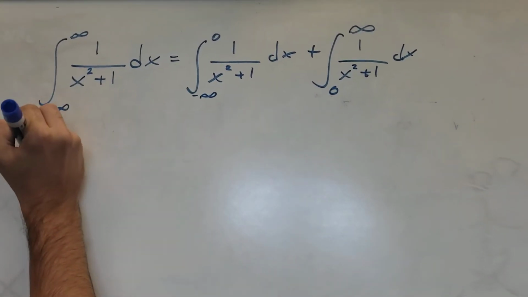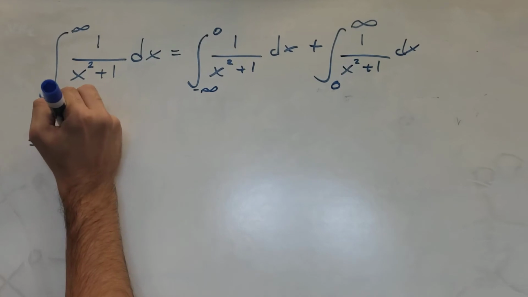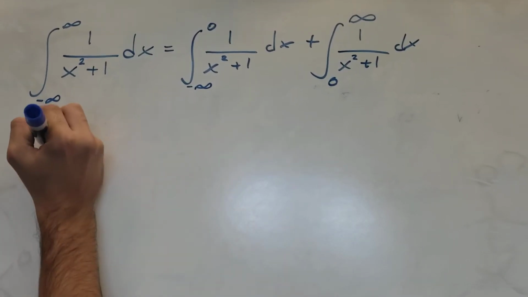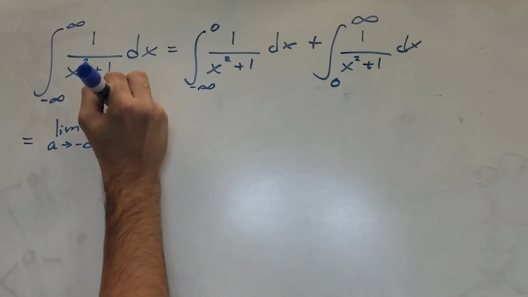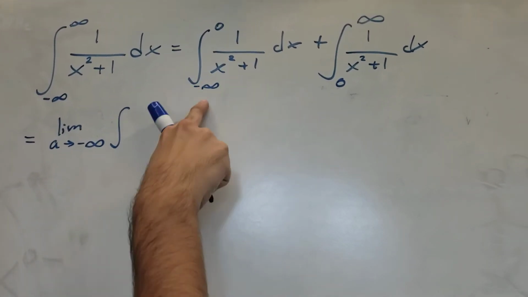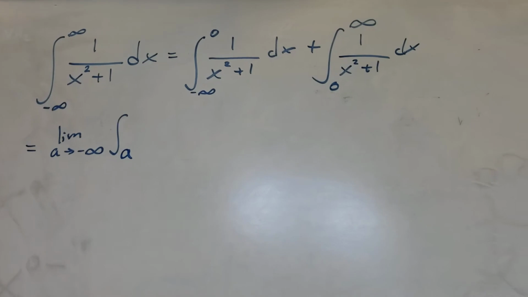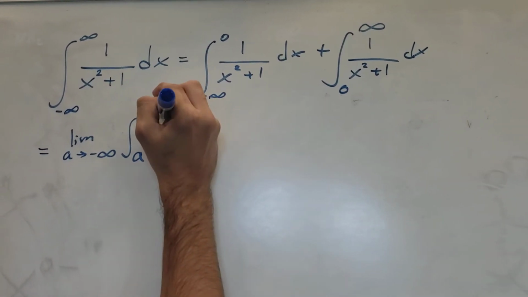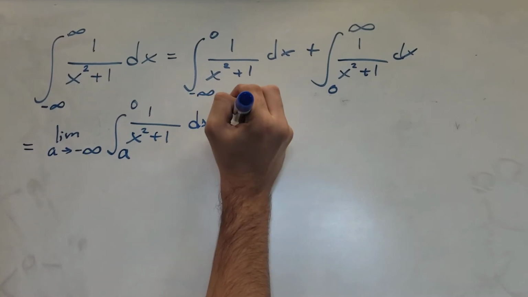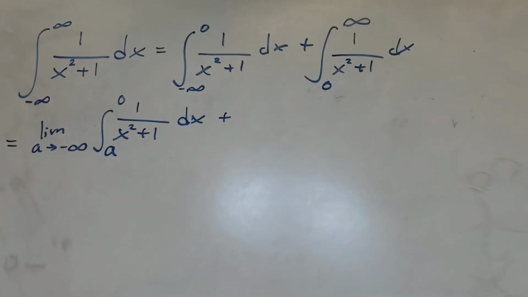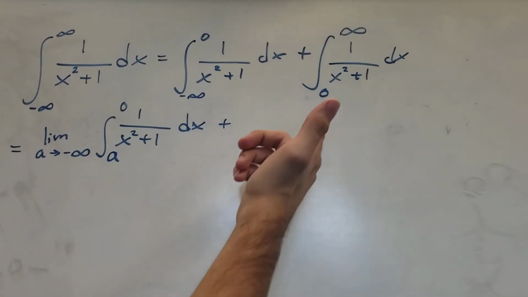So now we're going to rewrite those two integrals. I'm going to write the limit, as I'll pick a, when a goes to negative infinity of, and we're replacing the negative infinity with a. So 0 of 1 over x squared plus 1 dx plus, and now we're going to do the same thing, but obviously we're not going to use a again.